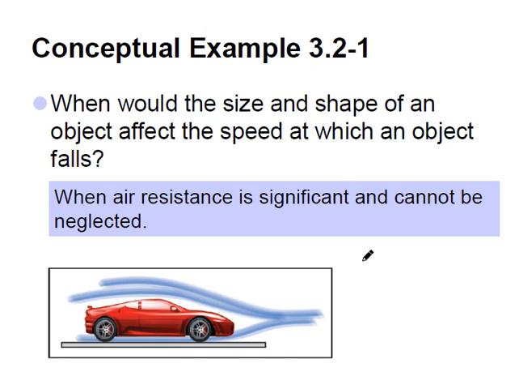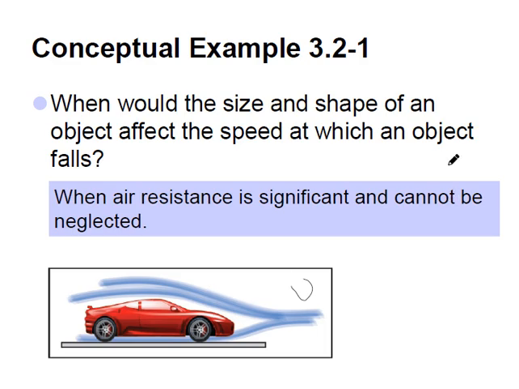Another thing that you need to know about in this example is the size and shape of an object, which in this example is a car. The question asks when the size and shape of an object would affect the speed at which an object falls. I wouldn't use this example, the car.